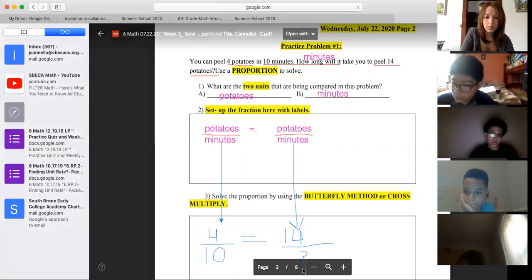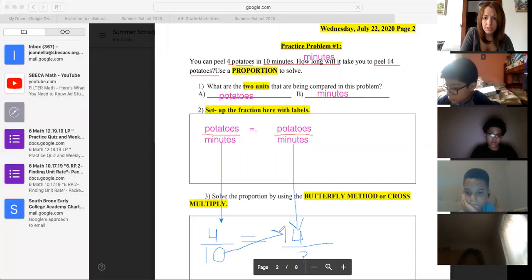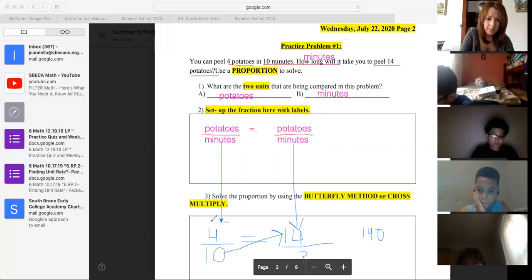Now, we're gonna cross multiply to figure out this answer. So we're gonna cross multiply 10 times 14, and we get 140. Right, we're gonna multiply. Then we have to divide by 4 to find out the X, or the question mark.